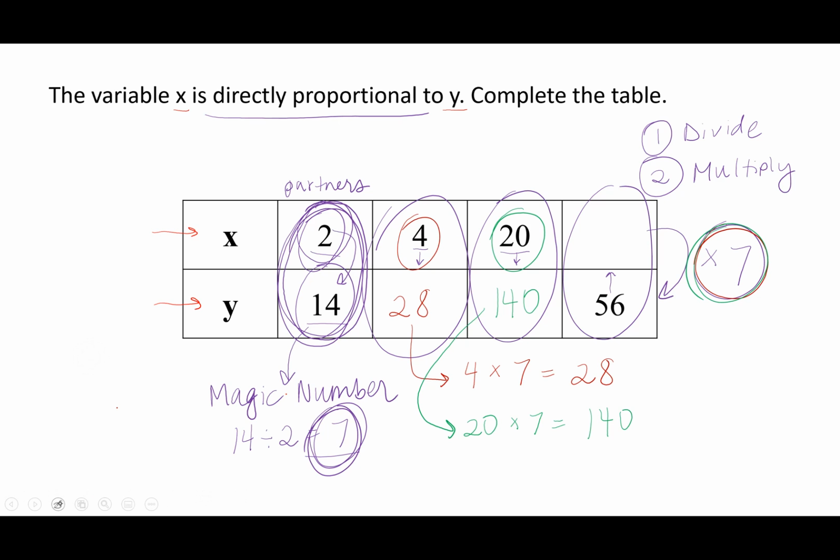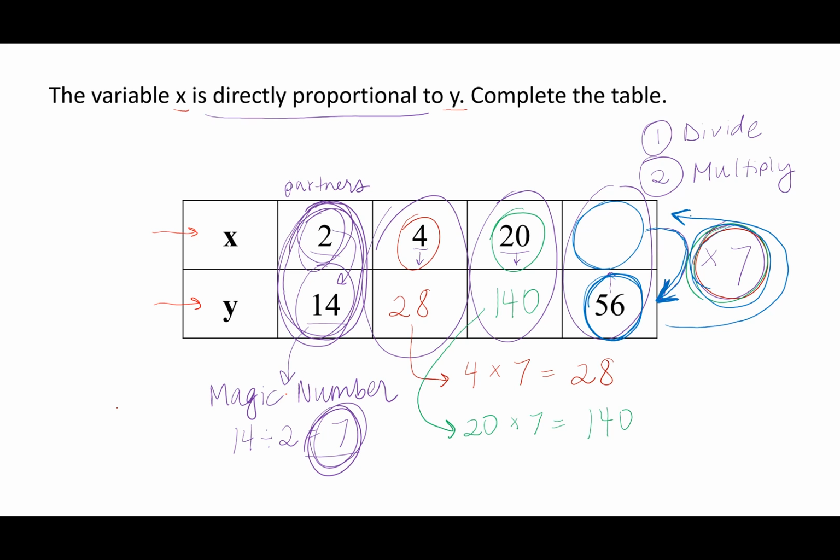The last piece of this question is a little bit different because now we're starting with the y value and trying to find its matching x value. Notice how I've drawn this arrow here saying that when I'm going from x to y, I multiply times 7. Let's think about what would happen if I were going in the reverse direction.